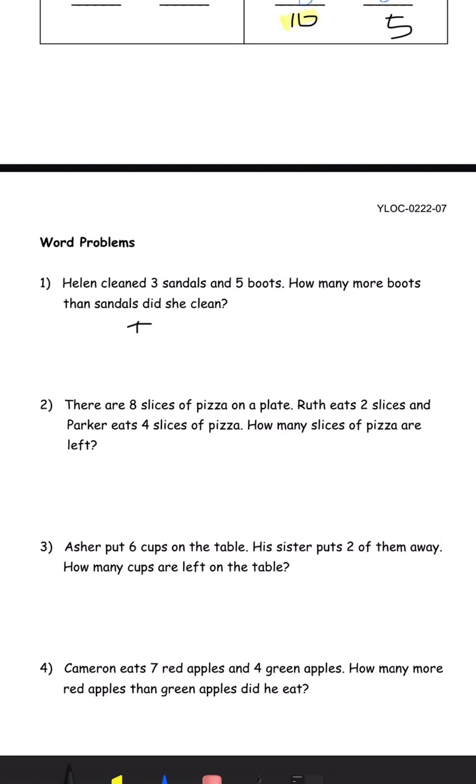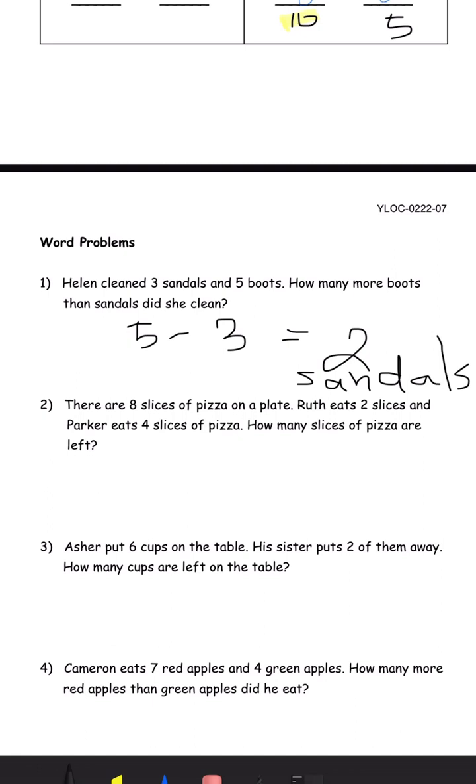So that'd be 5 minus 3, the greater number minus the smaller number, right? Now we do 5 minus 3 equals 2. So we put 2 and then sandals.